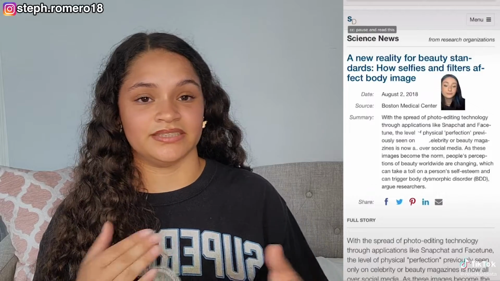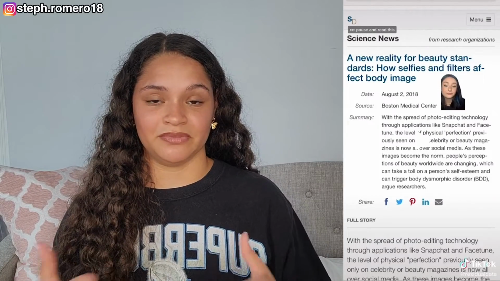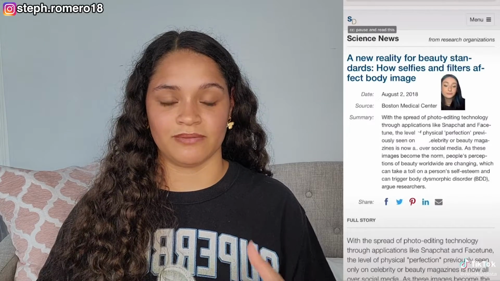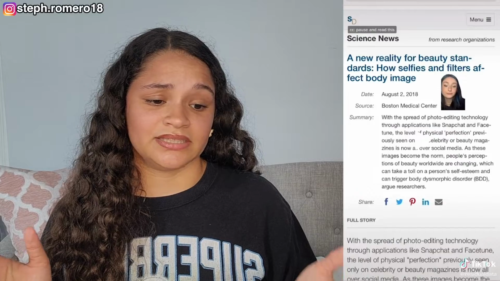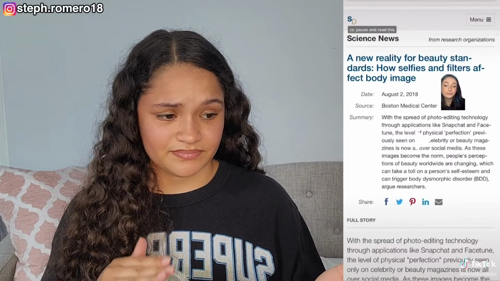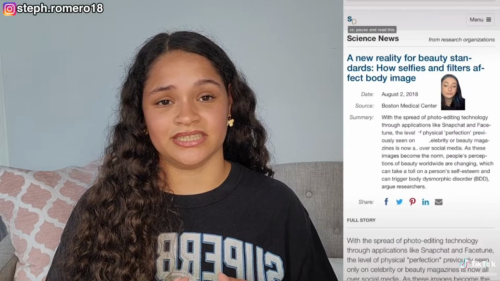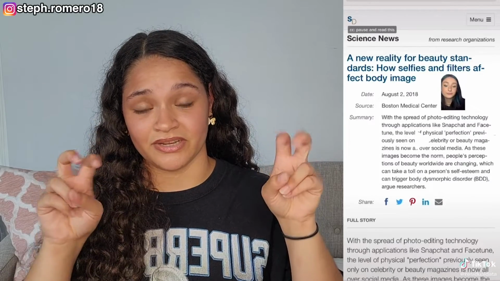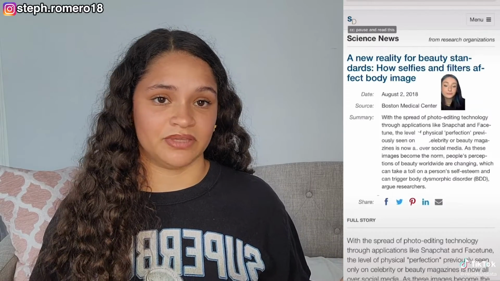Like, as it says here, the way people are looking at beauty is starting to change, and it's becoming the norm to have Photoshopped photos or perfect looking people. And I think that's the same reason why, with what happened with Khloe Kardashian, it's just like she didn't look perfect in her eyes, which is why she made a whole thing about that photo being released about her.